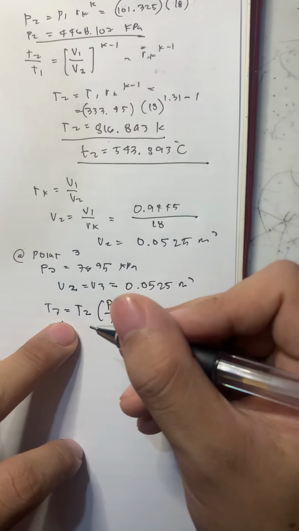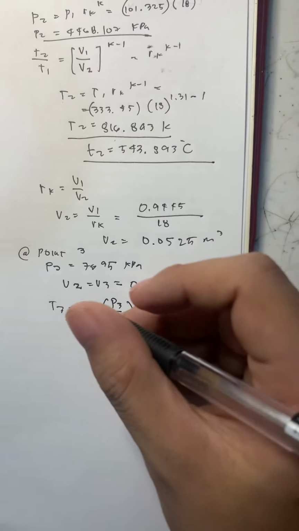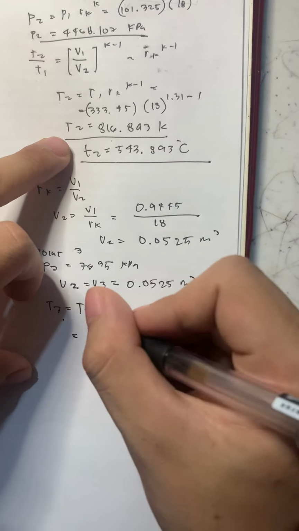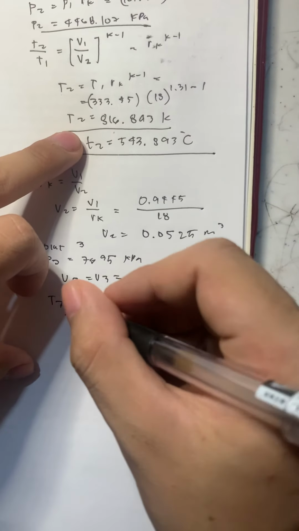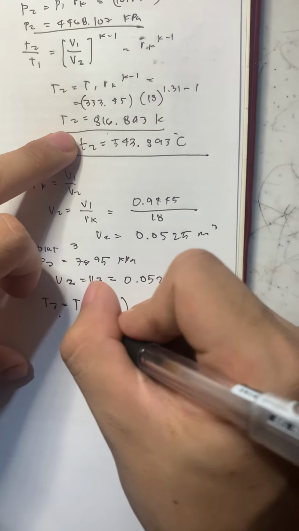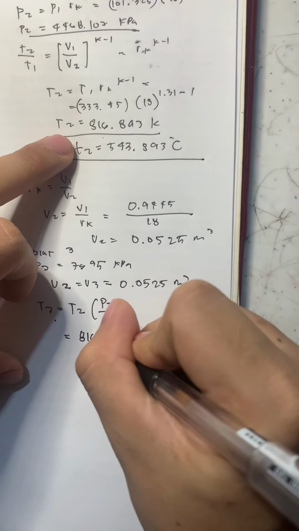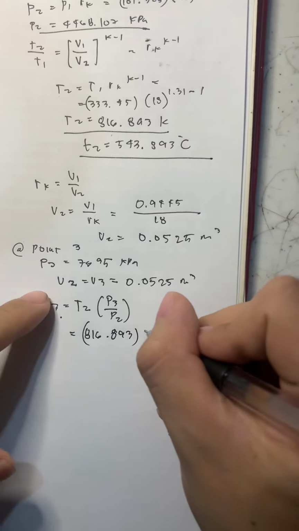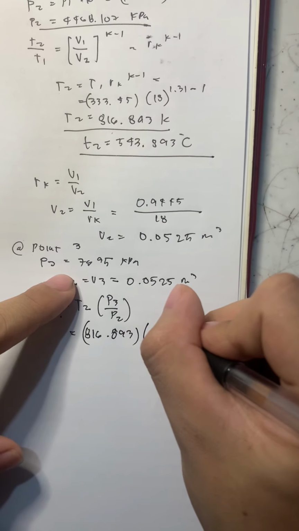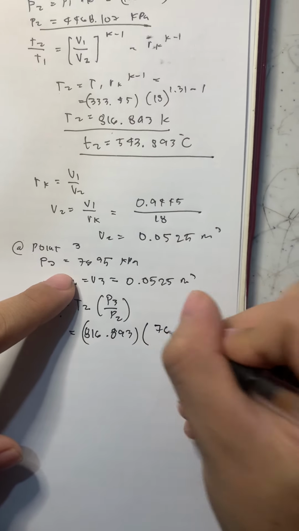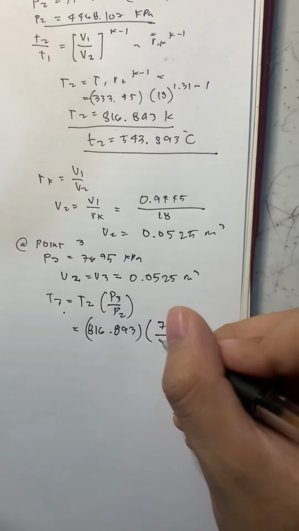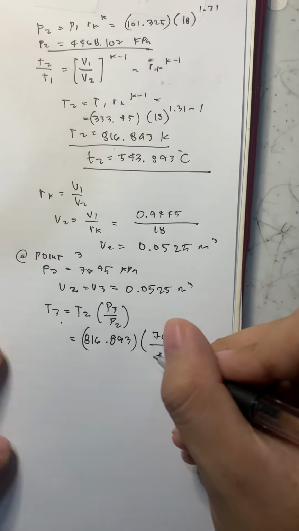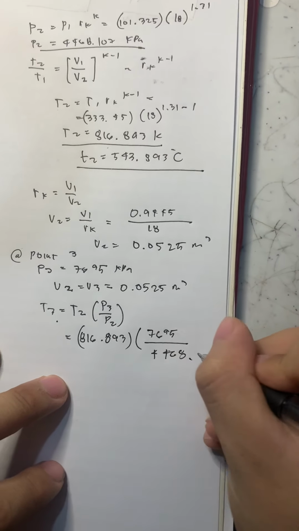Now T2 is 816.893 times P3, which is 7695, over P2, which is 4468.107.